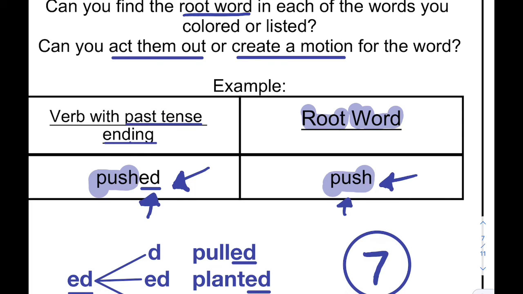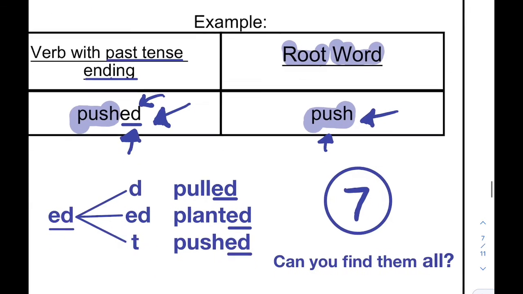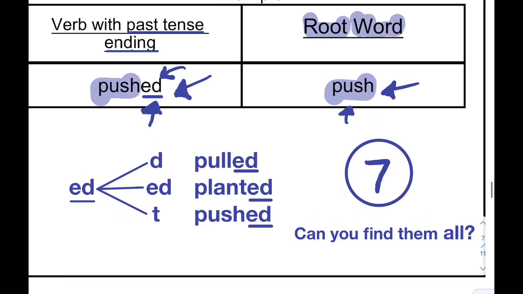So we're going to look for words in the passage today that have the ED. That means it happened in the past. There are 7 different past tense verbs in the passage. Can you find them all? I bet you can.